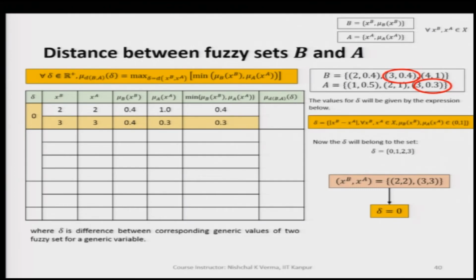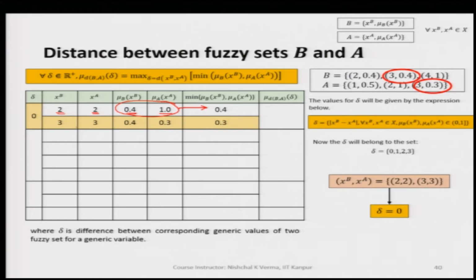When we do that, we are going to get 2 2, 0.4 and 1, and if we take min of these 2, we get 0.4.